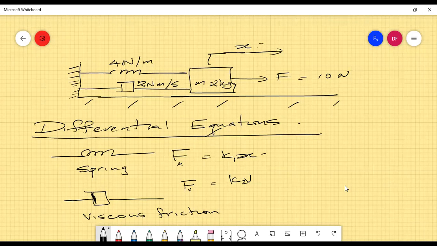The viscous friction is 2 Newton meter per second, and the spring constant is... let me just make it clear. This is my B, my K1, sorry. And this is my K2.